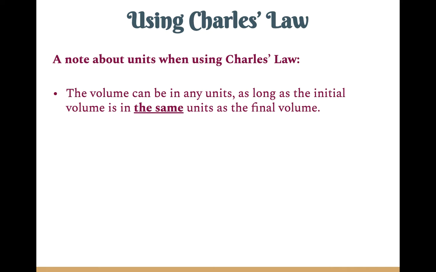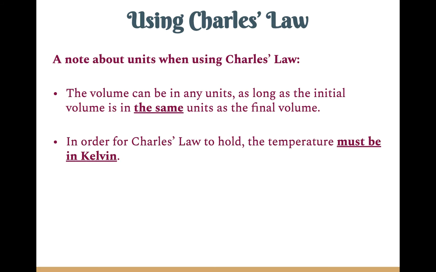So the volume can be in any units as long as the initial volume is the same unit as the final volume. However, the temperature must be in Kelvin in order for Charles's law to hold. So not degrees Celsius or Fahrenheit, but Kelvin, which is probably something you haven't heard about before.